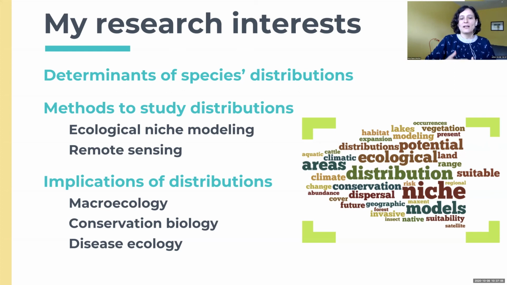And within this umbrella, I'm interested in methods that can be used to study species distributions, in terms of applications to macroecology, conservation biology, and sometimes disease ecology, again with collaborators, because I'm not a disease ecologist.